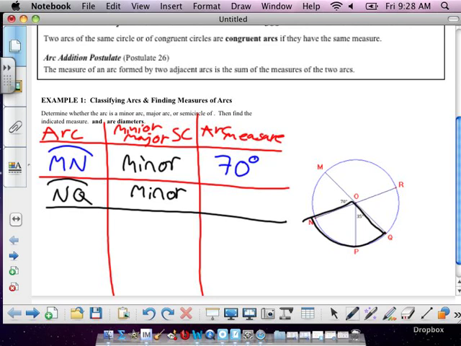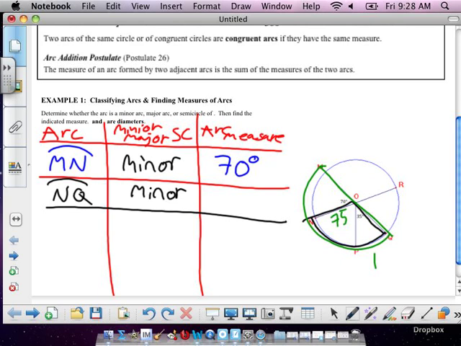Yes, Sam? Well, since you have half a circle, you know obviously that's going to be 180. So I know this is half a circle right here. Okay, that's 180. You already have 70 and 35, so if you add and then subtract, what do I get for this middle one? 75. Okay.